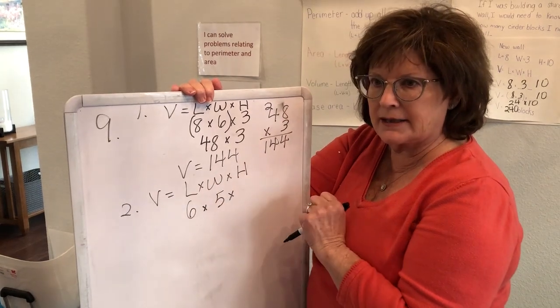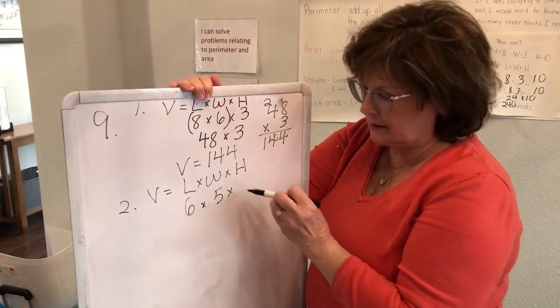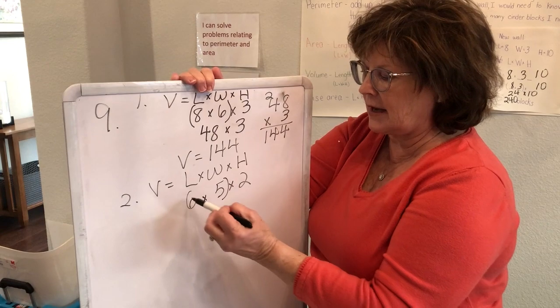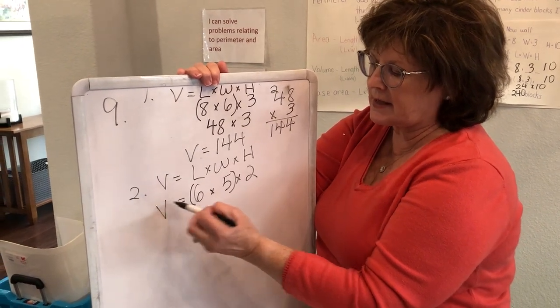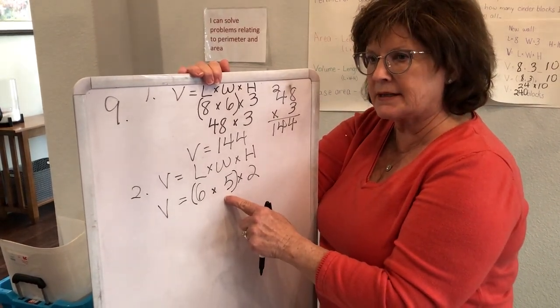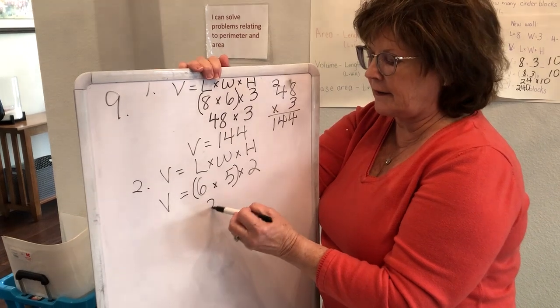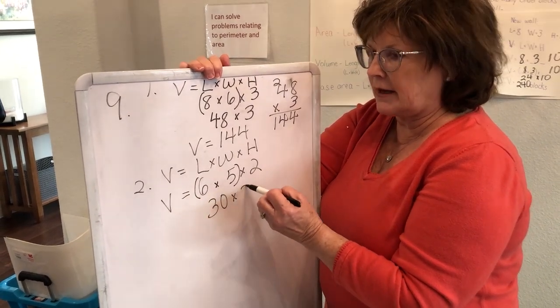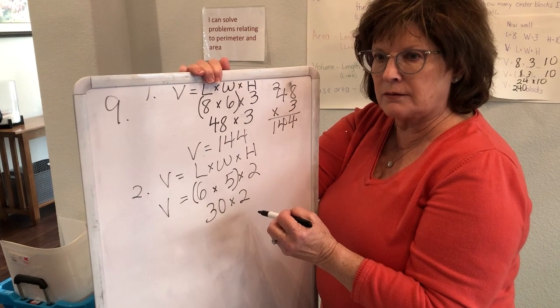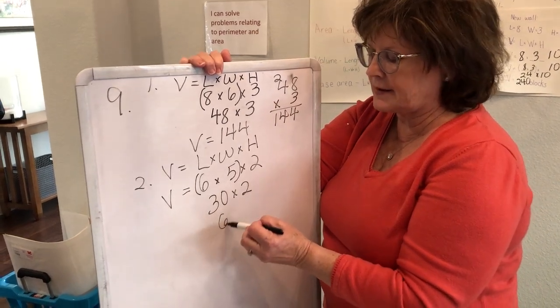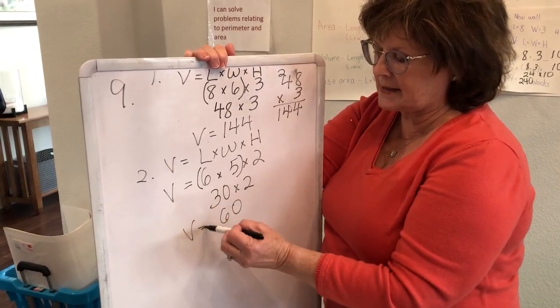And the height, Levi, good, 2. So now we need to find length times width times height. 6 times 5 is, Braylon, 30, very good. And 30 times 2, Zavon, 60, very good. So the volume of the second one is 60.